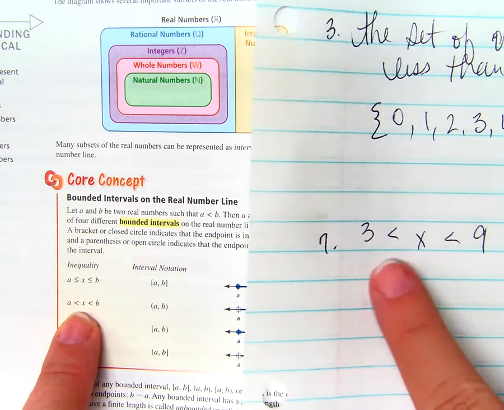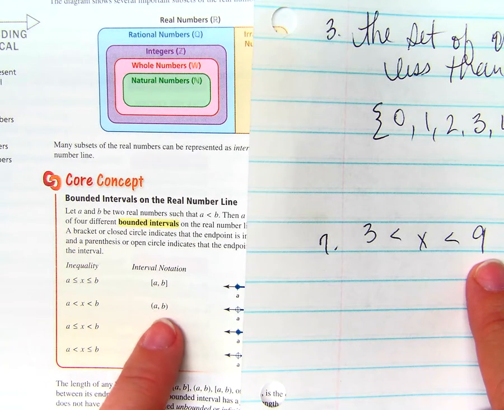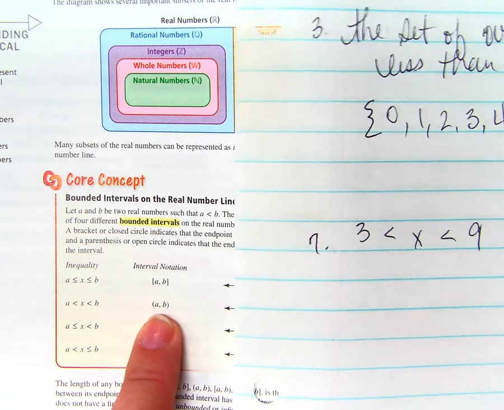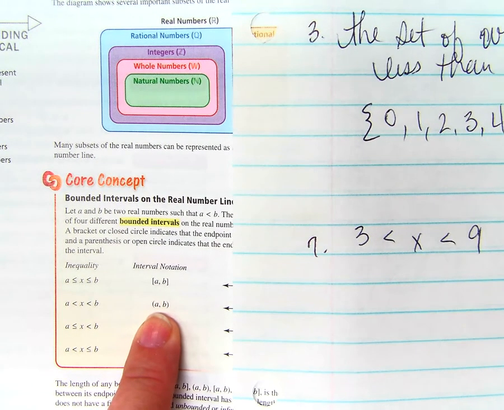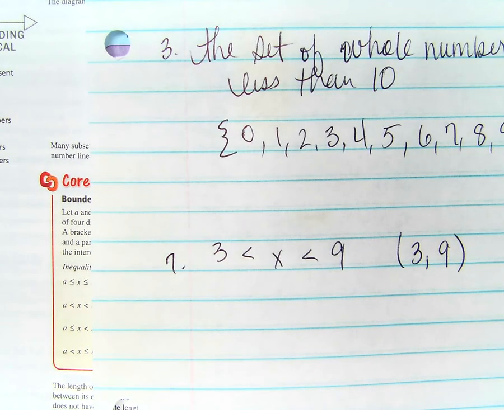Can't I? 3 to 9, both less thans. So I know my interval needs to look like this. Parenthesis 3, comma 9, close parentheses. Done. Any questions?